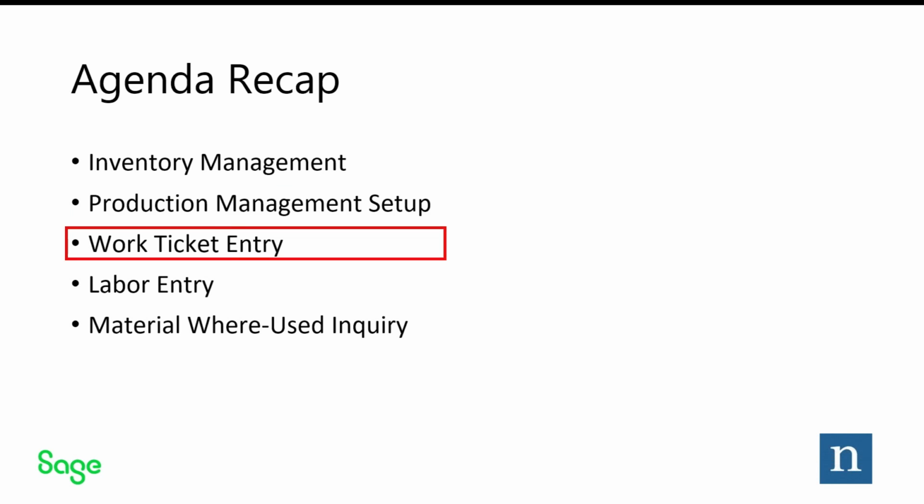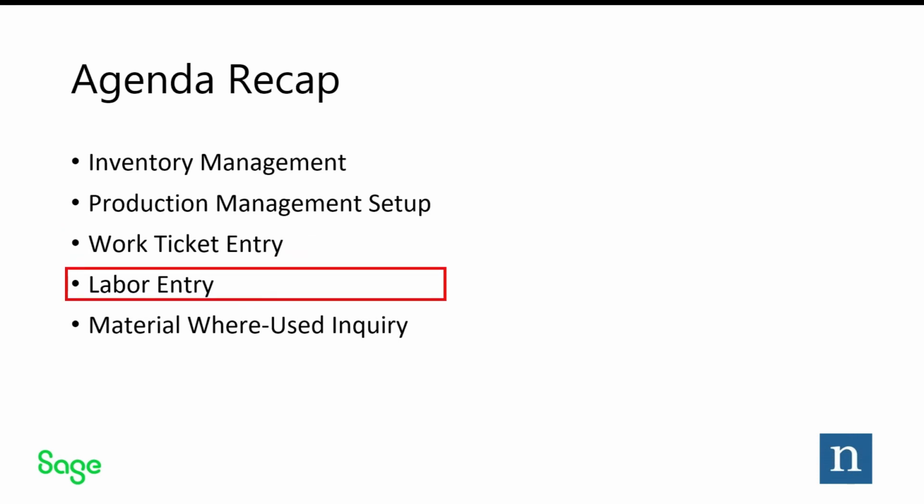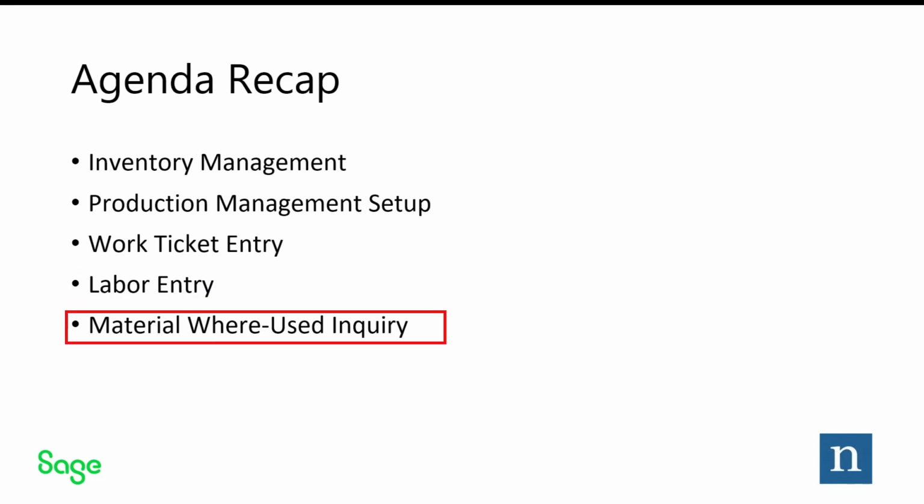We also looked at work ticket entry, both by looking at an existing work ticket and creating new work tickets, and the fact that we now have the bill, the item and bill, and the template on the header tab. Plus we have those memos that can be created for work tickets and work ticket steps. We looked at labor entry and saw that we could enter multiple labor entries for a single working day. And then lastly, we looked at material where used inquiry.